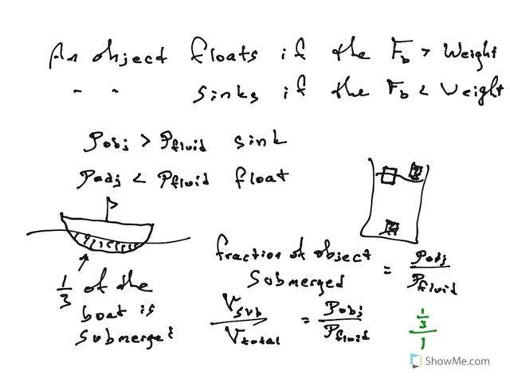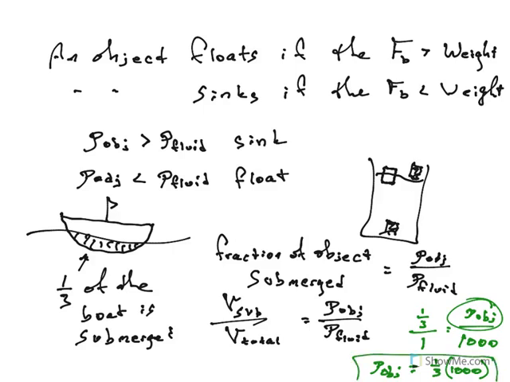Let's say the total volume is 1, is equal to the density of the object over the density of the fluid. And if this is water, let's say water has a density of 1,000. So then we could just solve this for rho object, and it turns out the density of our boat would be 1/3 times 1,000, or 333 kilograms per meter cubed. So a nice, easy way to calculate things when you know something about how much of an object is submerged or how much is above the water.